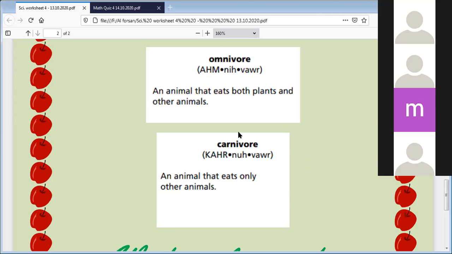Example, please. Like lions, they only eat animals. They don't eat plants. Like antelope, zebra, deer.